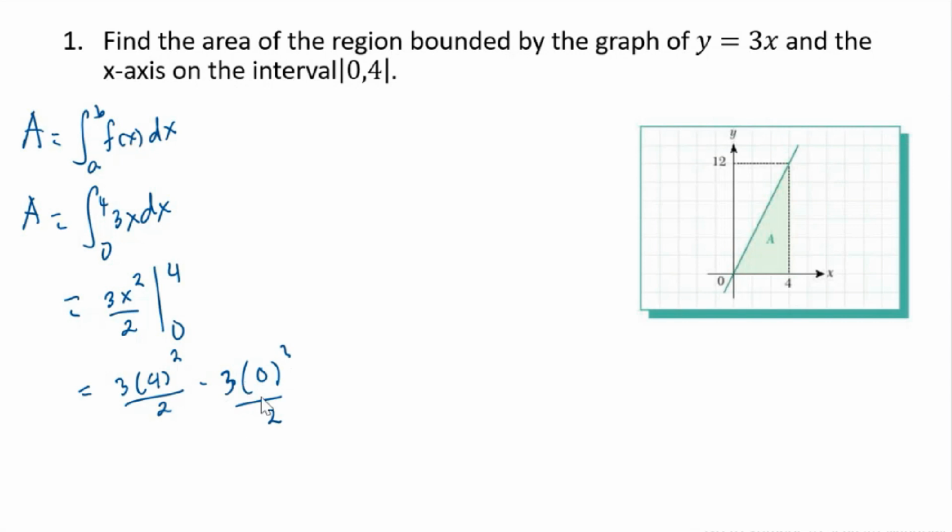By simplifying, the second term is just equal to 0. Then we simplify the first term: 4 squared equals 16, times 3 is 48, and divided by 2 is equal to 24. So this is 24 square units.